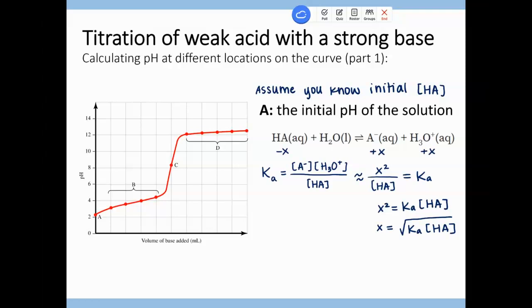At equilibrium, the concentration of H3O+ is equal to X. So with pH being the negative log of H3O+, that is the negative log of the square root of Ka times the initial concentration of HA.